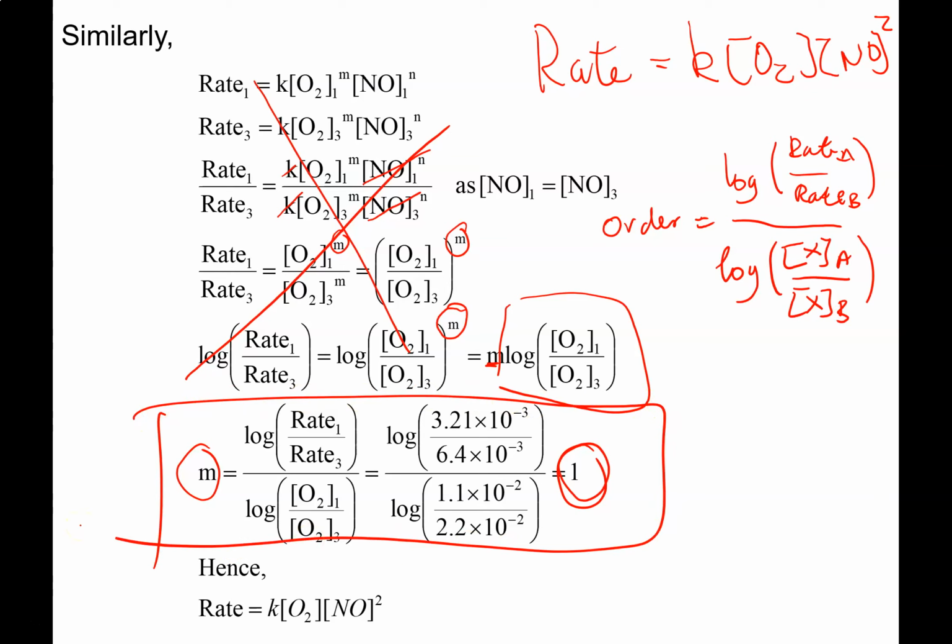You're not going to do all of that preliminary work there. You just have to identify the two reactions where the concentration of what you're interested in is varying, but the concentration of the other reactants is staying constant.